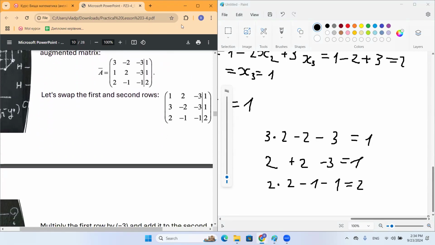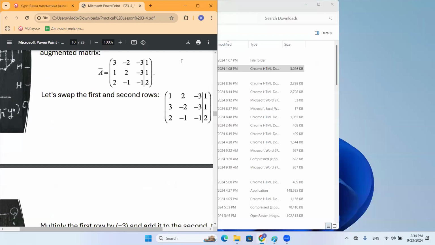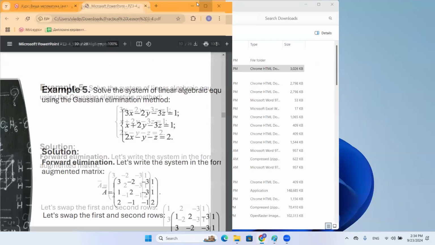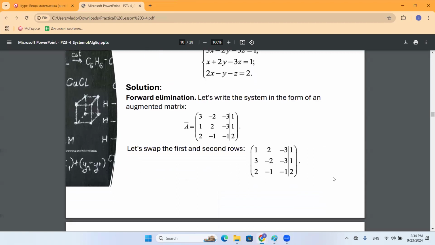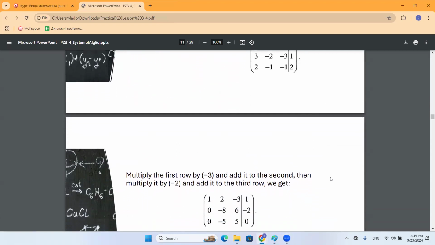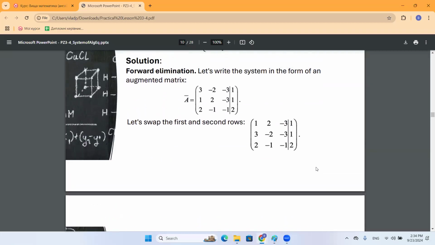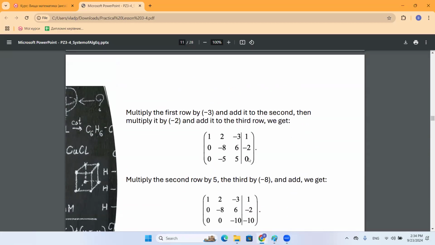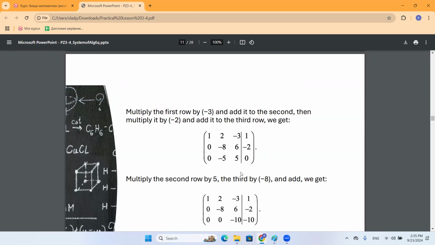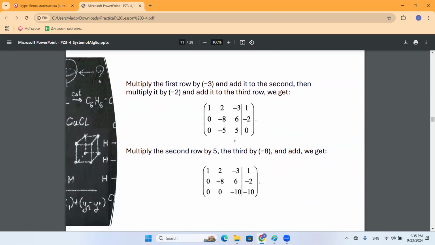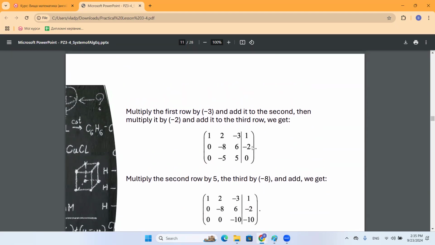And let's see. Now let's see the actually how here is suggested to apply Gaussian method. So actually, what we did at the first stage. Yeah, so some stages are skipped here.